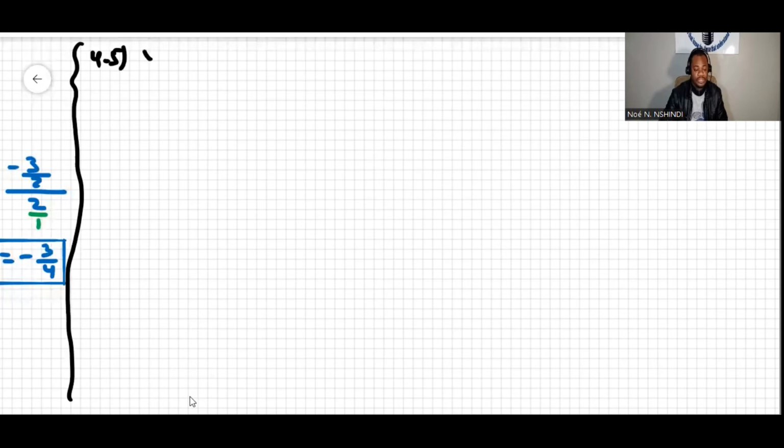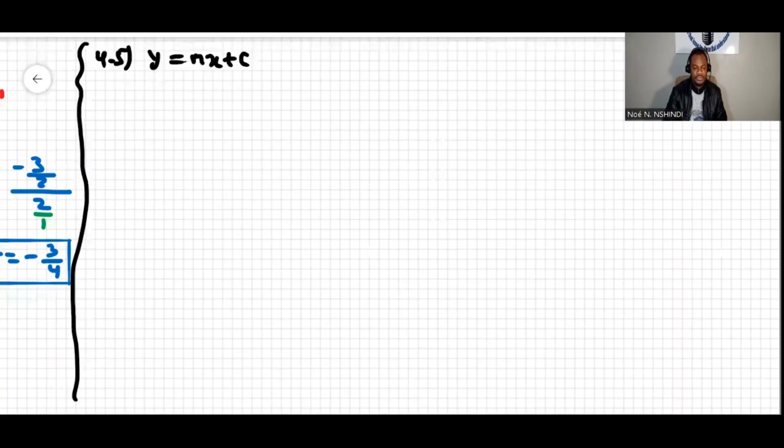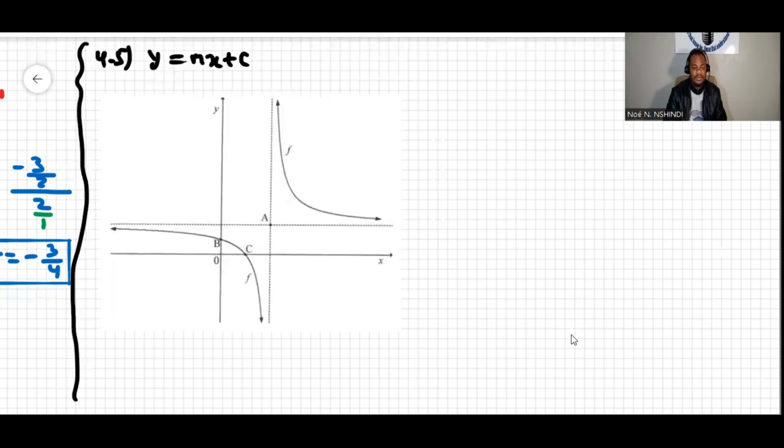So we want the equation of the line of symmetry. We know this is a straight line. All right, let me just do the diagram here. This is our graph. The line of symmetry is a straight line, basically the line that passes through the asymptotes.